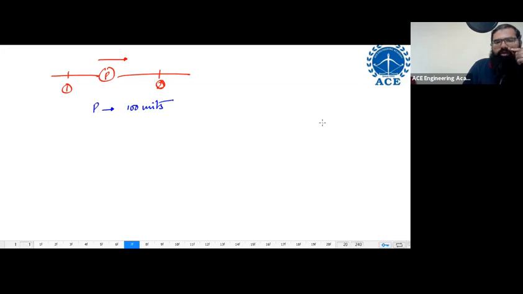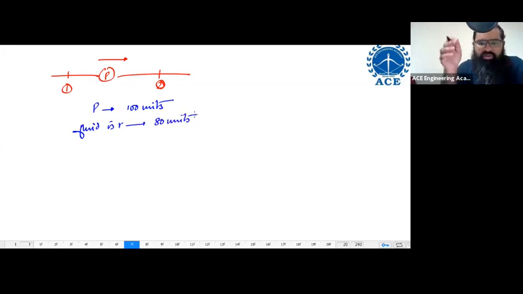But practical problem is when pump is giving 100 units of energy, complete 100 units cannot be received or achieved by the fluid. Fluid is receiving, let us say, something less, generally because of some losses. Okay, losses in the pump. I'm not telling fluid losses. I'm talking about the machine losses. Pump will have some machine losses. Because of that, fluid will receive something less, let us say 80 units.